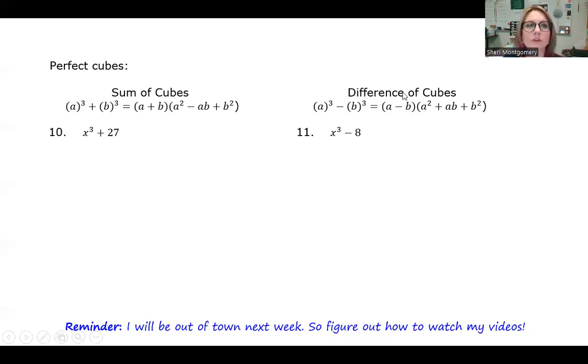So first thing that I want to do is get a list of perfect cubes. So let's start with 1. Perfect cubes are things multiplied by themselves 3 times. So 1 times 1 times 1 is just 1. What about 2 times 2 times 2?